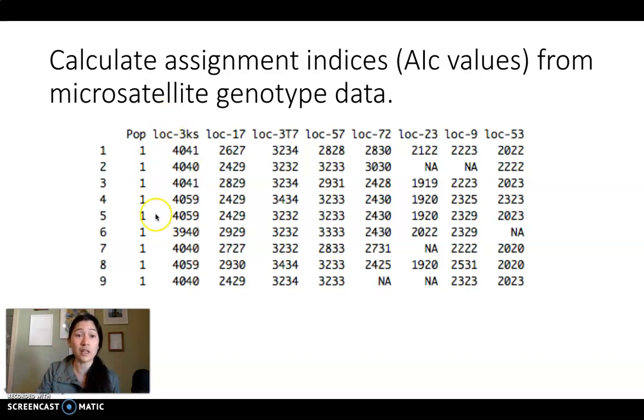So what you can do is take into account all 8 of those loci and see overall for an individual's genotype at those 8 different microsatellite loci, is it likely that individual came from the population it was sampled from, or is it likely it came from another population from somewhere else? And specifically, a negative AIC value indicates that individual came from somewhere else.